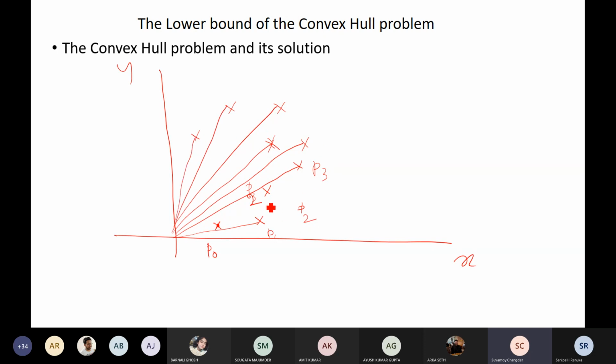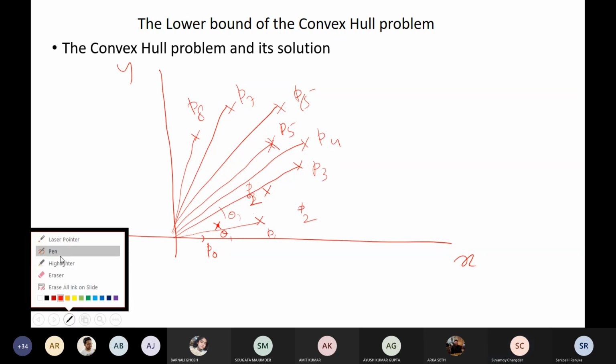So all are given, and these are sorted according to theta 1, theta 2 and so on. So you have to find the convex hull of the given points.